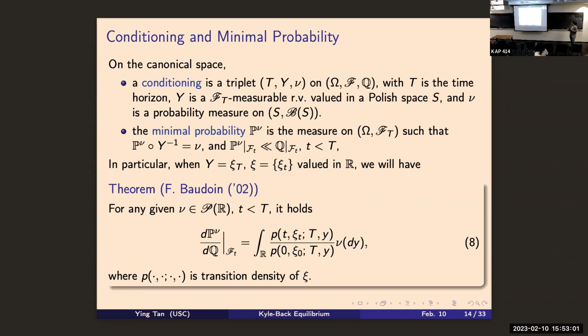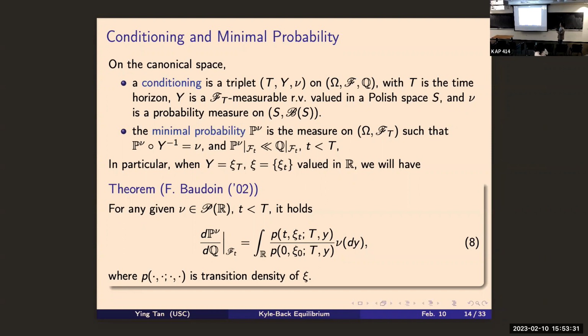We consider the special case where the random variable in the conditioning is C_T, where C_t is a diffusion. Then we can write out the Radon-Nikodym derivative explicitly by this theorem, where small t is the transition density of the underlying diffusion C_t.